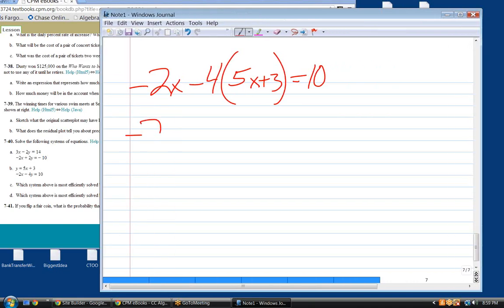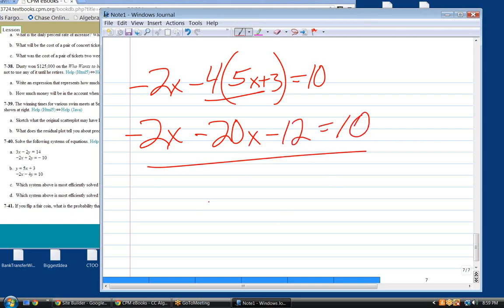I think it's negative 2x minus 20x minus 12 equals 10. Okay, now simplify. Is it negative 22x minus 12 equals 10? And now simplify more.